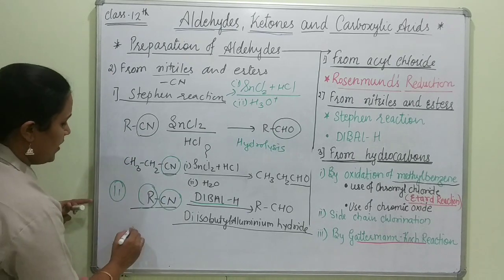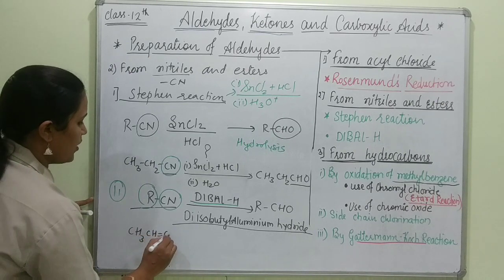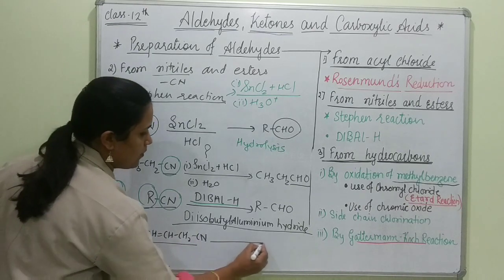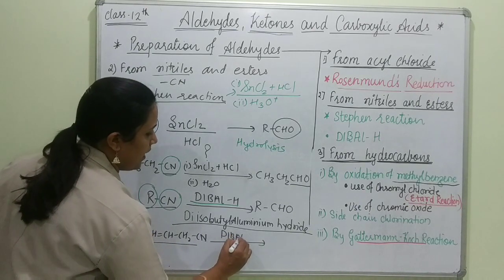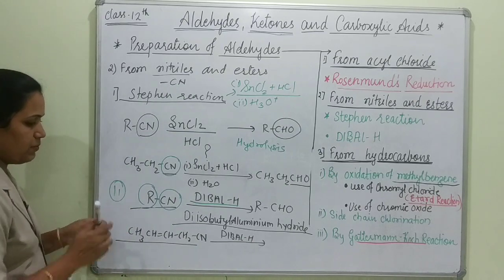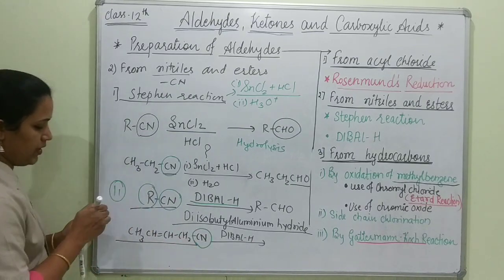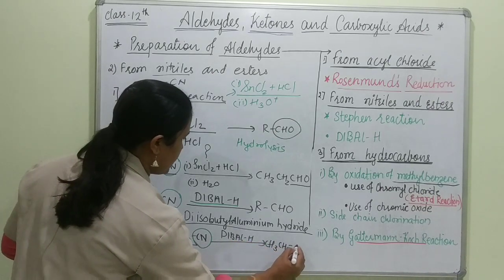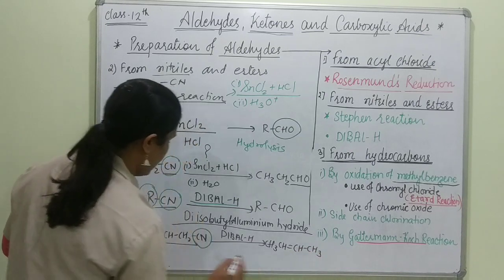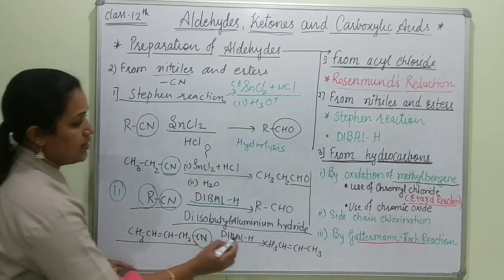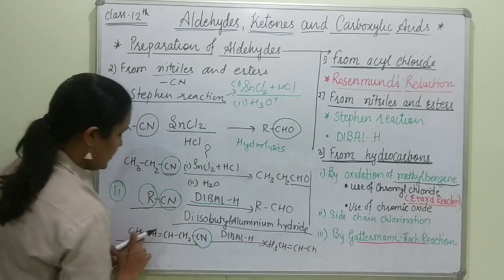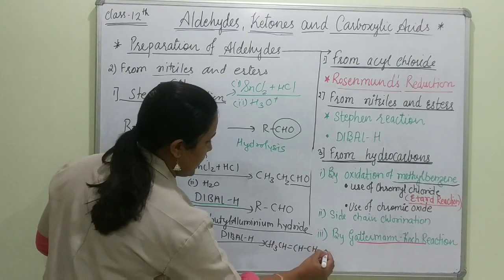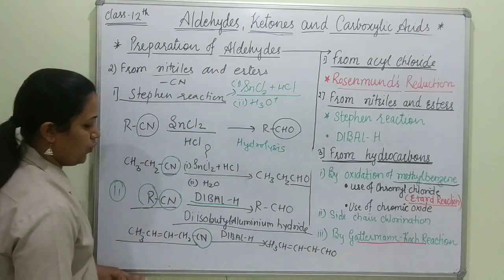Here I am giving one example, CH3CH=CHCH2CN. If we have this compound and I am using DIBAL-H, it means only the CN group will get changed and we can get the product CH3CH=CHCH2CHO. So here in place of CN there would be CHO.